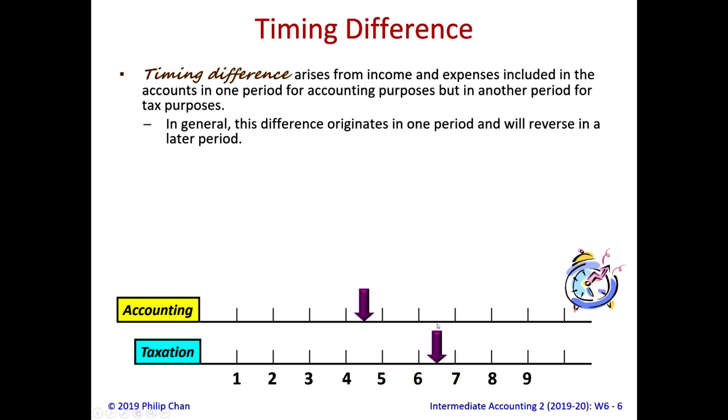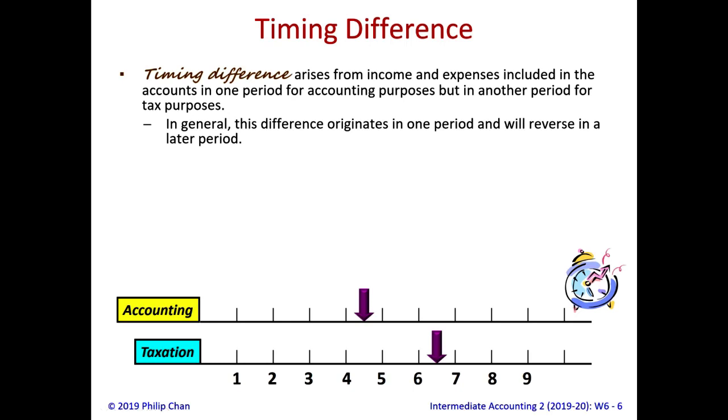Then again, you would have a negative 100 here. Now, the 100 that you generated in year 5 would carry forward. So that positive 100 would then be reversed by the difference that you have in year 7, and they would offset each other. So it generates the differences in one period and then ultimately reverses in a later period.